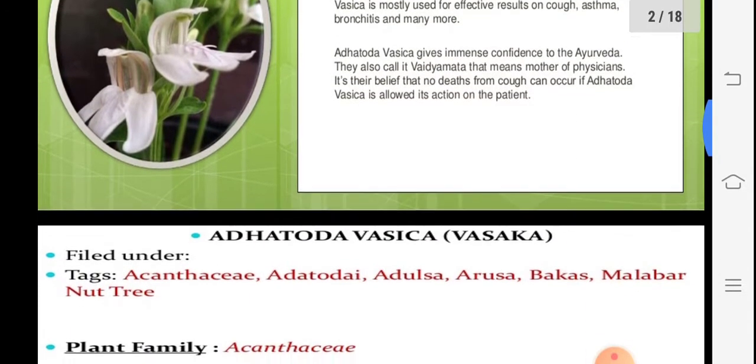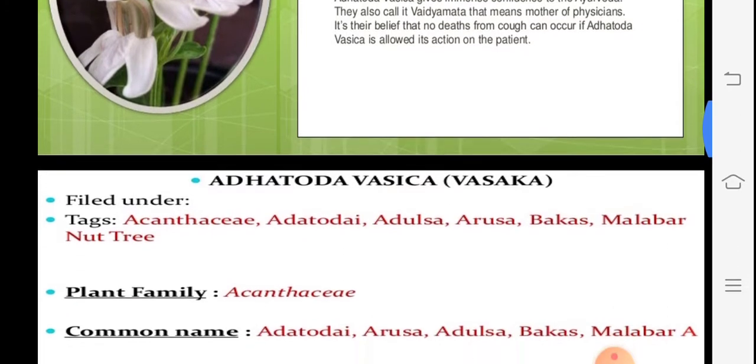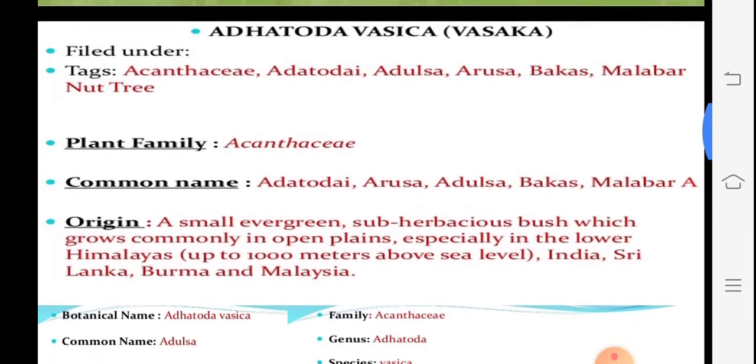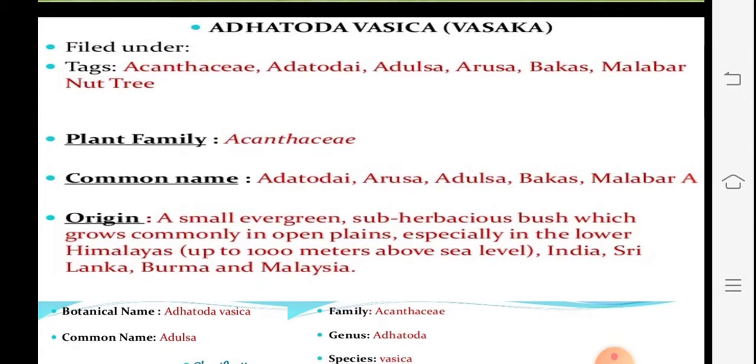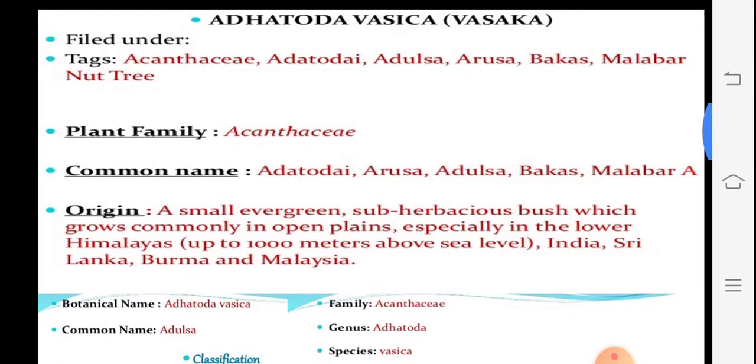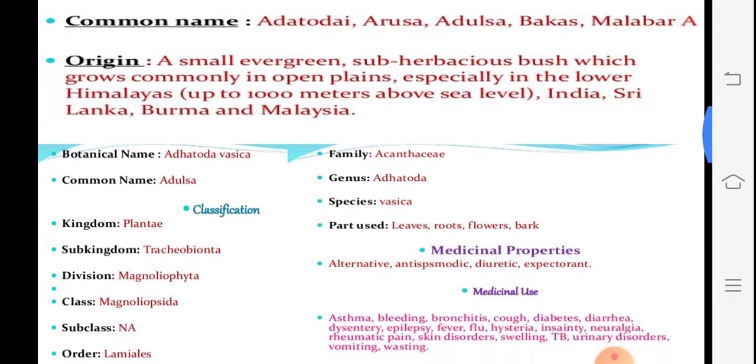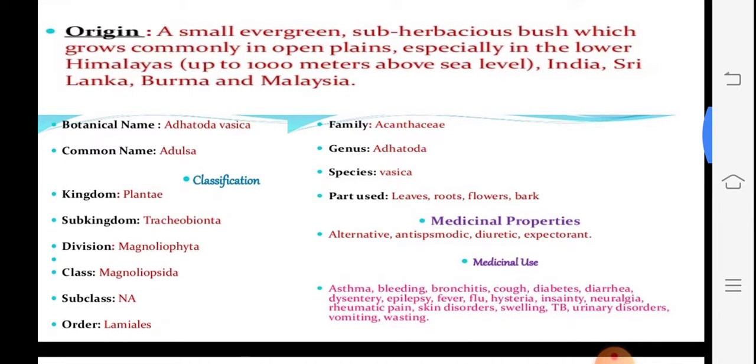Then with respect to this, we have to write the botanical name, then family: Adhatoda vasica, family Acanthaceae, common names Adulsa, or generally it is called the Malabar nut tree. Commonly we have seen it is a small evergreen herbaceous plant.